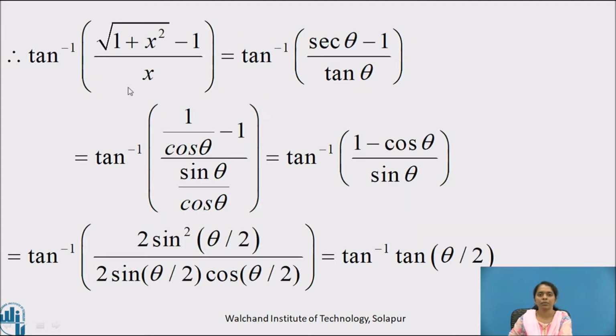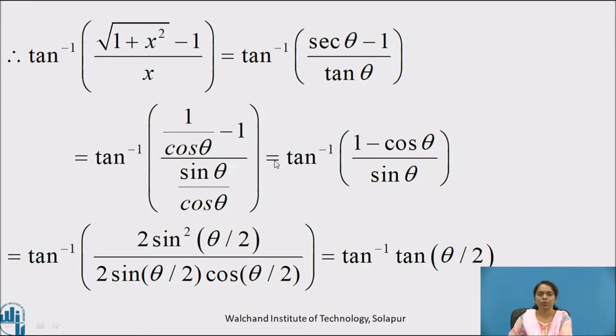So, with this substitution, tan inverse of bracket under root of 1 plus x square minus 1, whole divided by x, takes the form tan inverse of bracket sec theta minus 1, whole divided by tan theta, which is equal to tan inverse of, make a big bracket, numerator for sec theta 1 upon cos theta minus 1, whole divided by, for tan theta, sin theta upon cos theta.